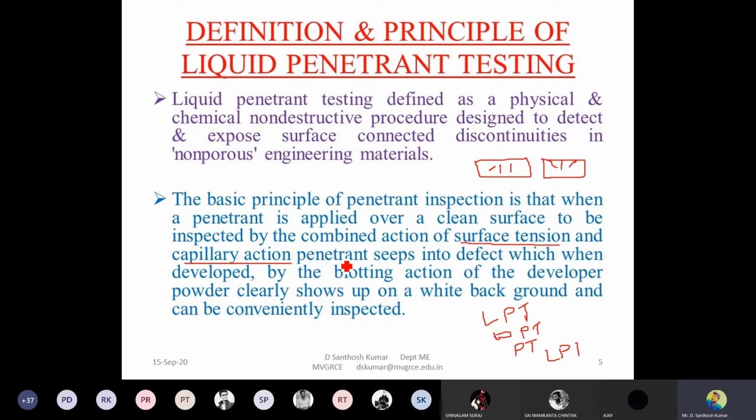Once it has seeped in, after a certain period of time, you apply a developer which has a white background. Then whatever liquid is inside the crack will come outside and be visible on the white background as red color. So that is the basic principle of this liquid penetrant test. We will discuss the procedure very clearly later.